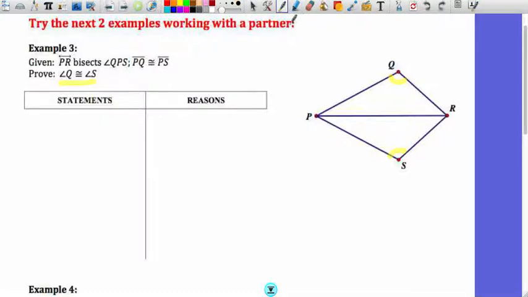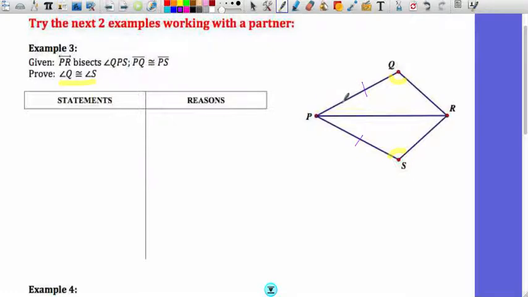Once again, we'll go to our given information and mark the diagram with any information that we've been given. We've been given that segment PQ is congruent to segment PS, and that line PR bisects angle QPS.